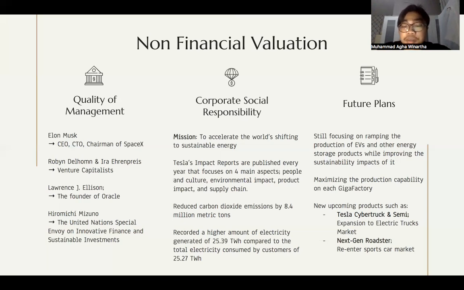Maximizing the production capability of each gigafactory, and they also have new upcoming products such as the Tesla Cybertruck and Semi, which means they want to expand their EV market into the electric trucks market. They are also planning to launch the next-gen Roadster, which means Tesla wants to re-enter the sports car market.